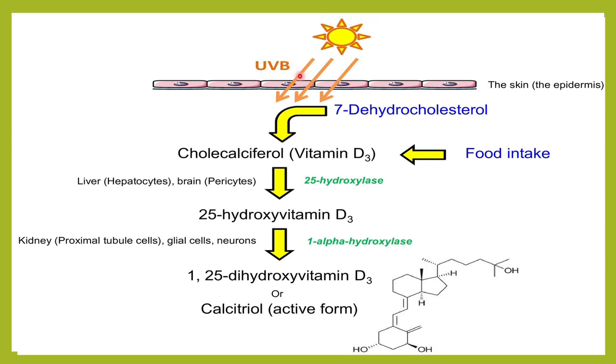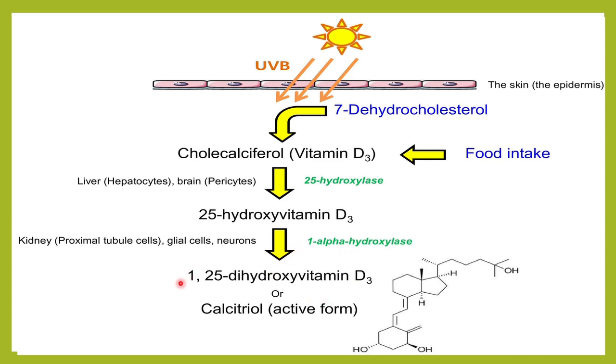So when the ultraviolet B rays fall on the skin, the cholecalciferol which is present in the skin, you also get it from the food, and this is converted into 25 hydroxy vitamin D3 in the liver, and this gets converted to 125 dihydroxy vitamin D3 or calcitriol, which is the active form, in the kidney.